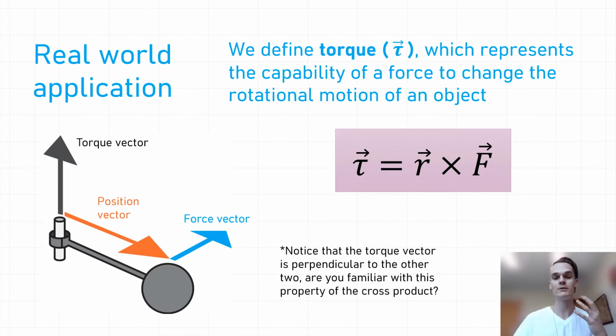So what we're going to do over the next few minutes is look at several different applied forces and see which ones cause rotation, which ones don't, and that will help us illuminate the difference between a force vector and a torque vector.